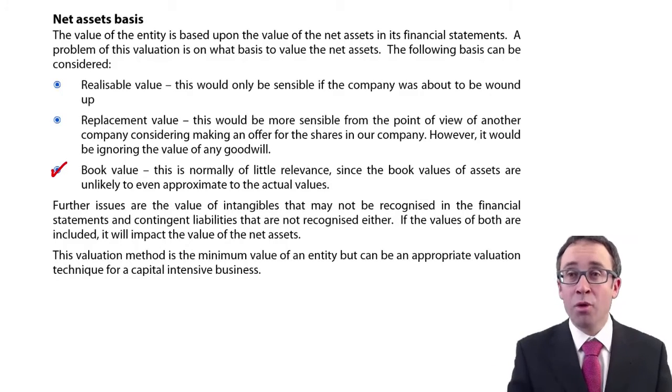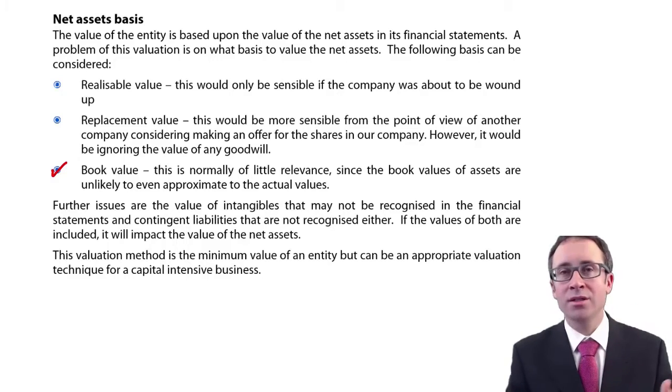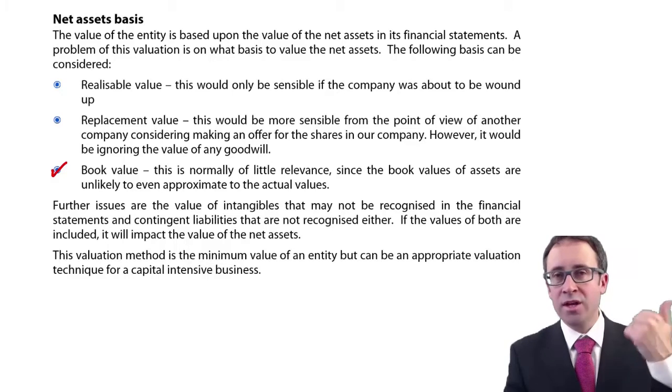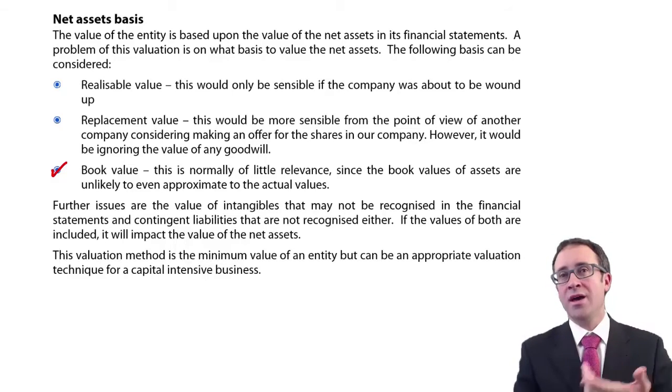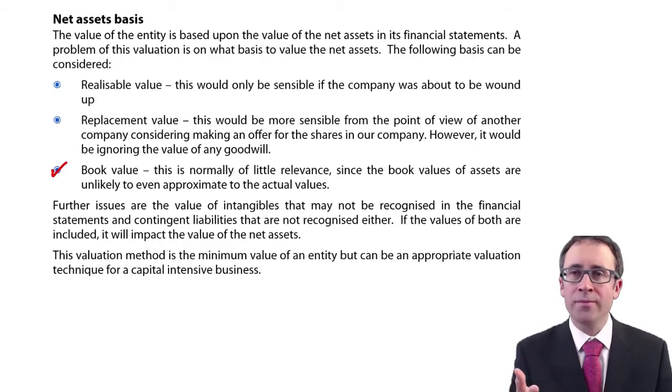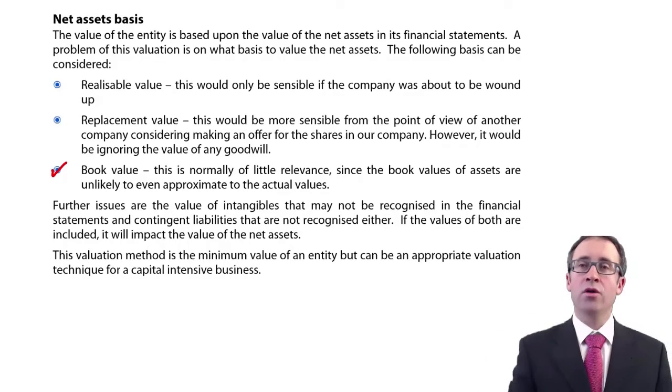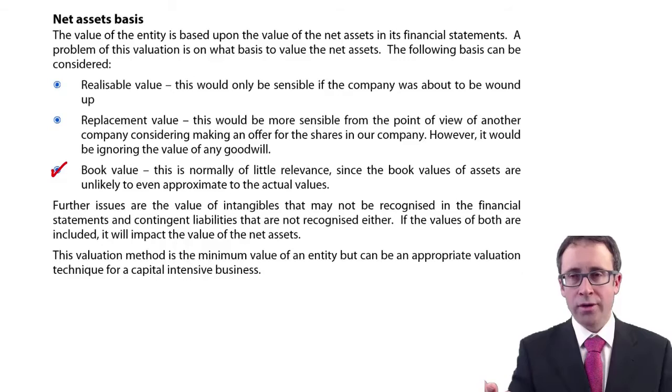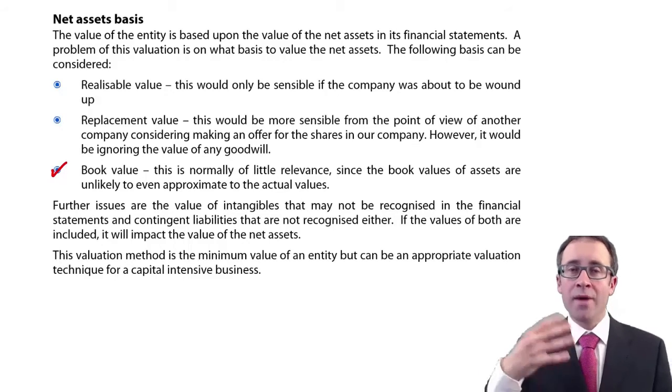Again, net assets book values are subject to all accounting policies in terms of inventory and receivables, so we need to ensure that they are correctly stated. And don't forget your intangibles as well. The net assets basis takes the book value of the non-current assets, where we record your property, plant and equipment because we can measure it at cost.